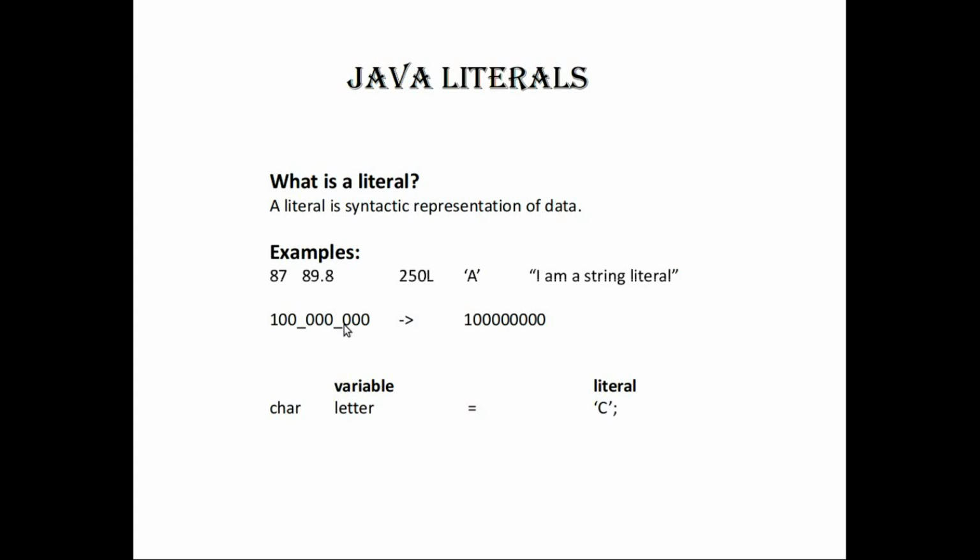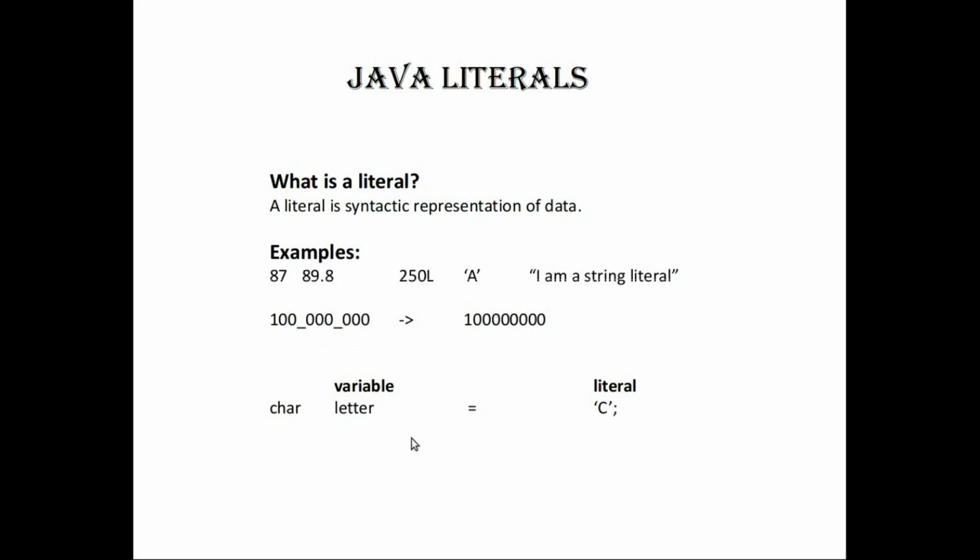But Java will not permit you to use commas, but instead you can use underscores, and it's simply going to wipe off the underscores and use the literal like this. We'll see that shortly in an example.